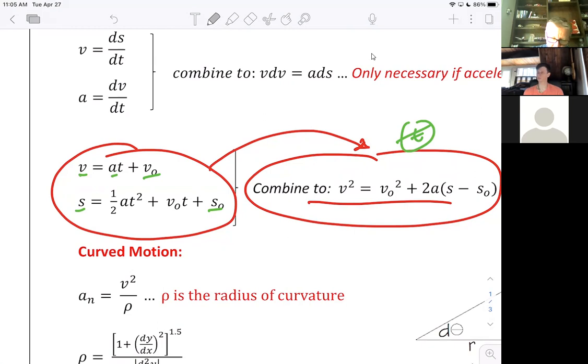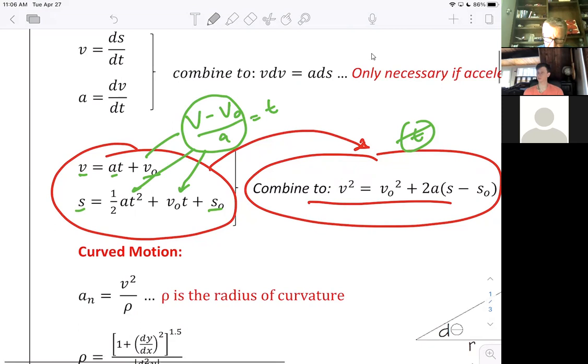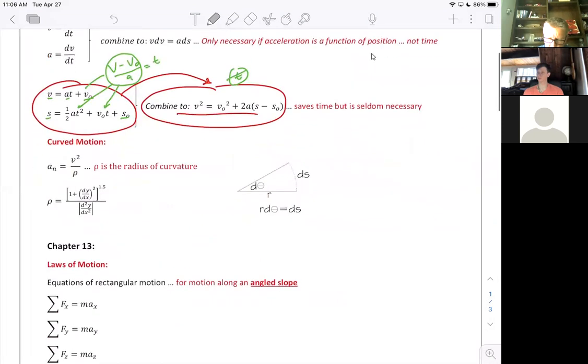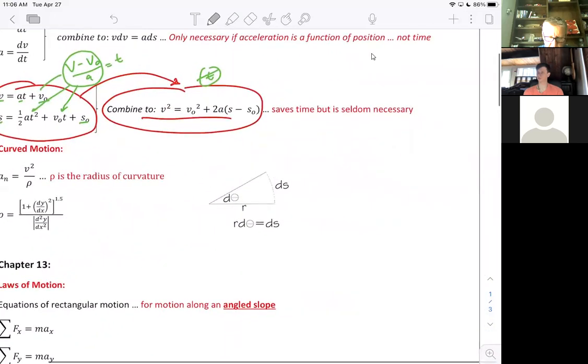In other words, if I took this top one right here and solved it for t, v minus v0, initial velocity, and then divided by acceleration, that would be time. And then if I took that expression for time and threw it in there and there, then I'd have this new expression without time in it anymore. So let's just do it right here.